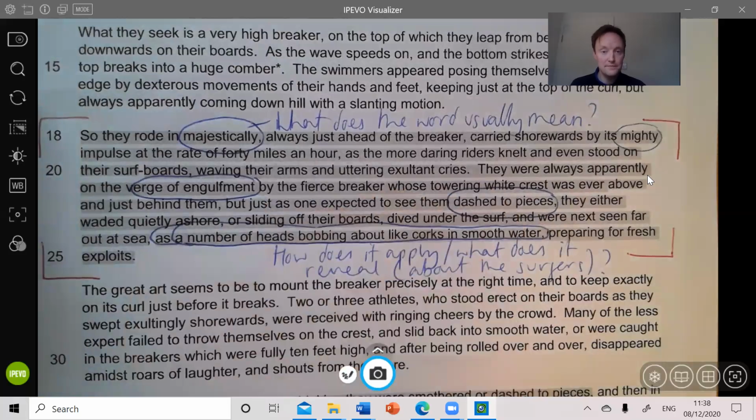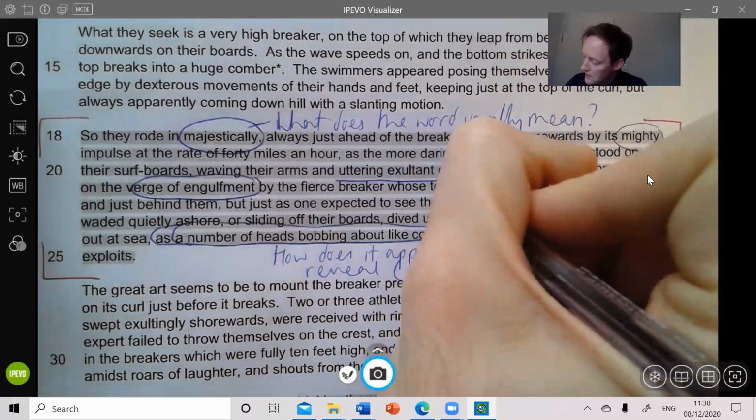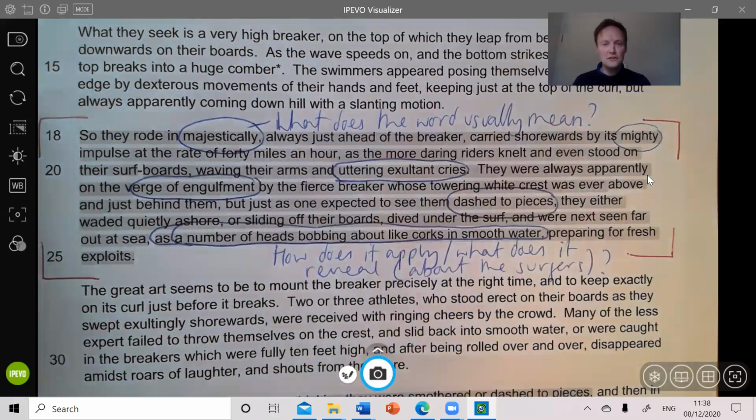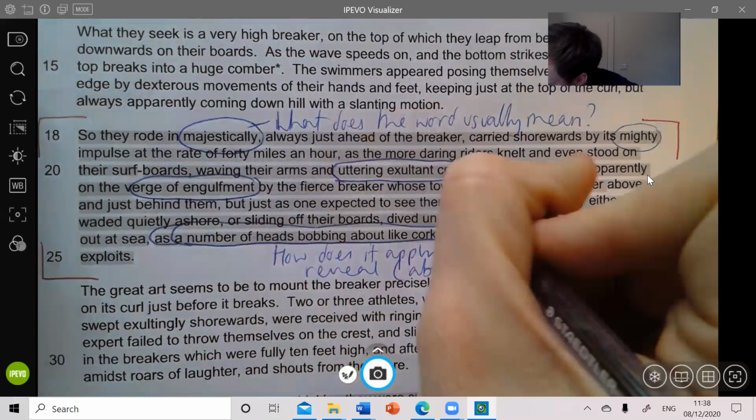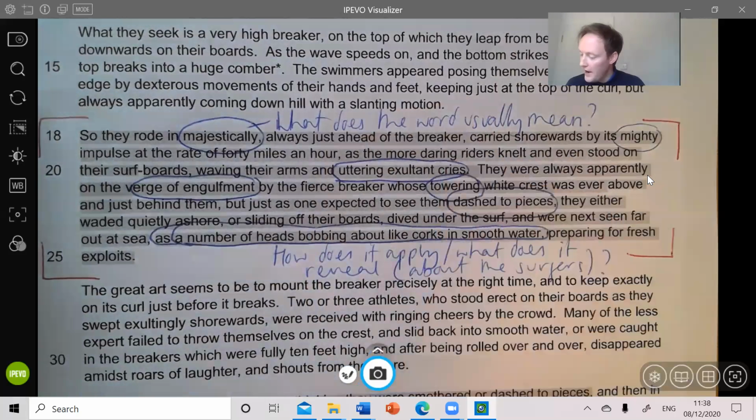There are many more. Why are these people, for instance, uttering exultant cries? Why are they so happy? Why are they so joyous? The sea is described as having a fierce breaker whose towering white crest was ever above and just behind them.